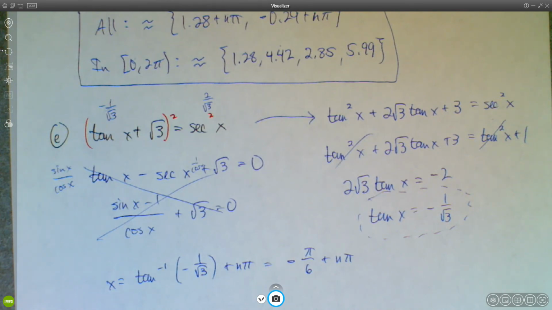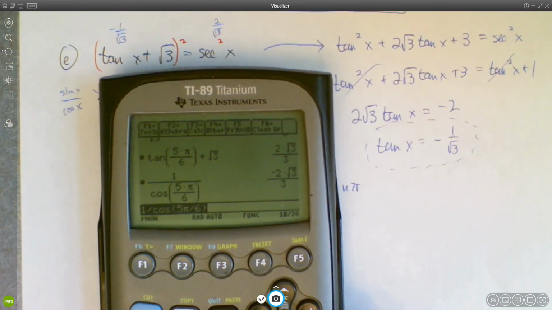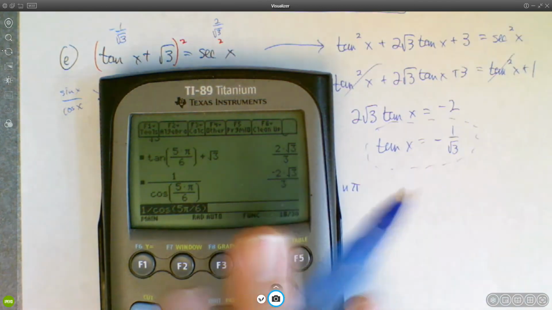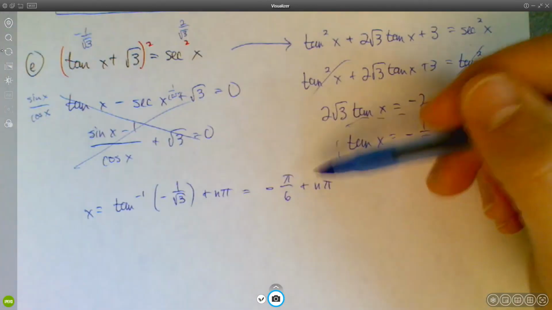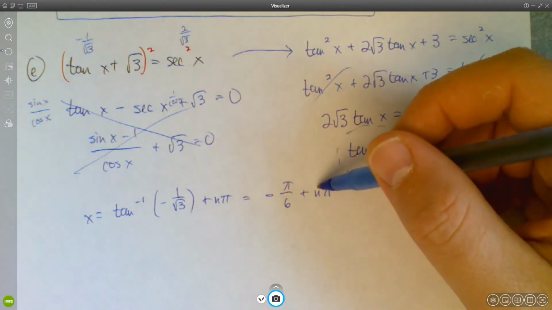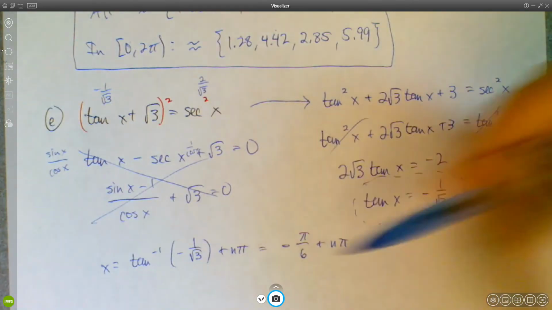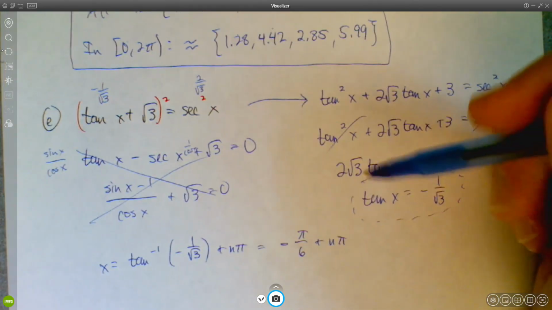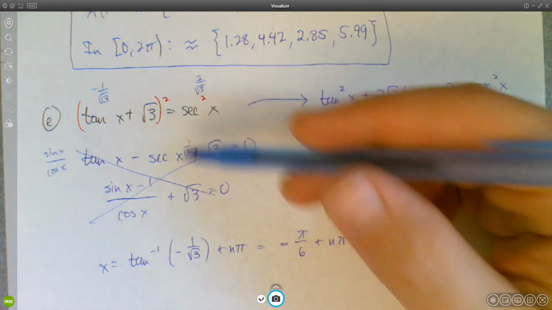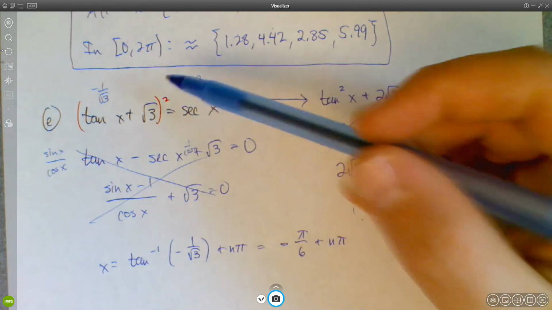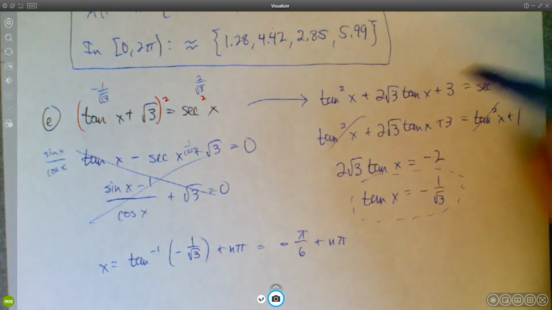Secant, so 1 over cosine of 5 pi over 6, is negative 2 root 3 over 3. You see that? So you don't get the same thing. What that tells me is that for this particular equation, the solutions in quadrant 2 are extraneous. They're not actually solutions to the original equation. And again, we introduced those extraneous solutions because we squared both sides.